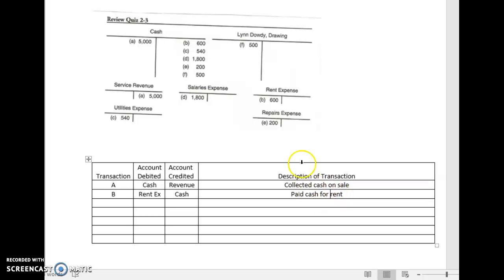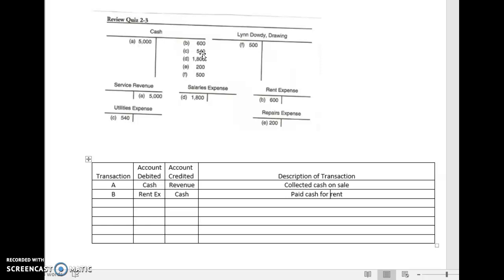All right, now transaction C, let's look. I always go to cash first because usually cash has the most activity, and if you look around, you can usually find your next transaction in cash. So I always go there first. But C is a credit to cash for $540.